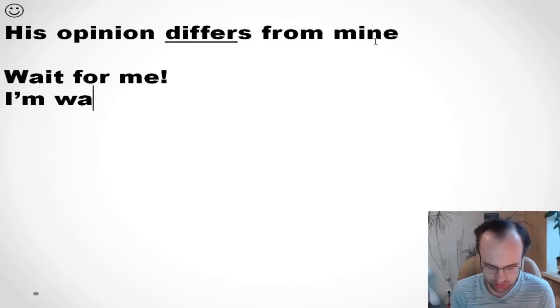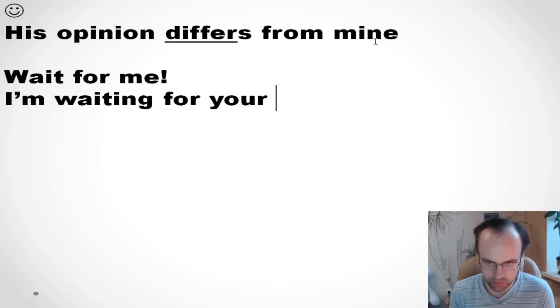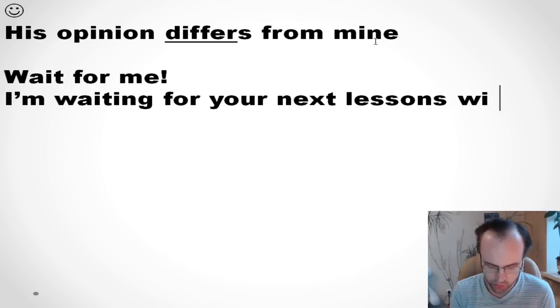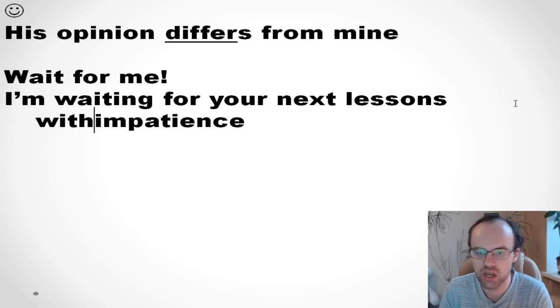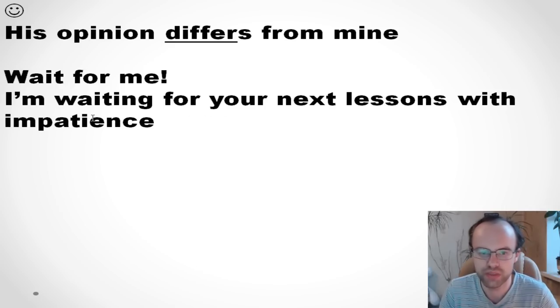I'm waiting, so it's present continuous. So what is impatience? It means that you can't wait, you're so impatient, so you don't have patience. So, I'm waiting for your next lessons with impatience. Okay, my friend, very good.